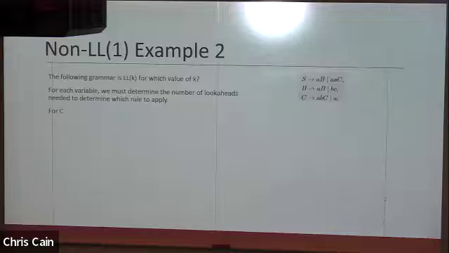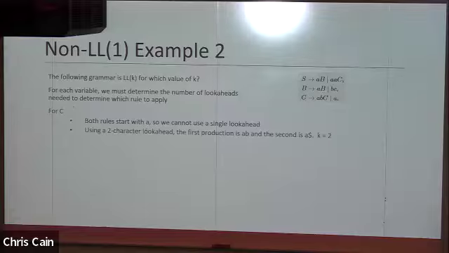We see both right-hand sides of C start with A. So we cannot use a single look ahead to determine whether we want the left-hand side or the right-hand side. But if we use a 2-character look ahead, the first production is AB, the second production is $. The only way to do this is to get the end of string marker at the end of that C, because the C in the S production has to end the string.